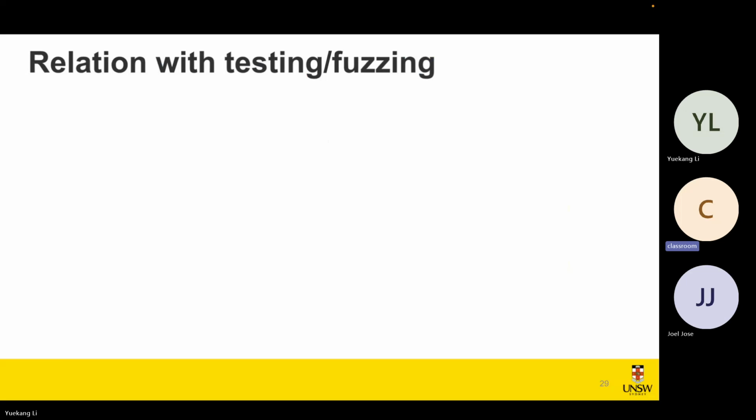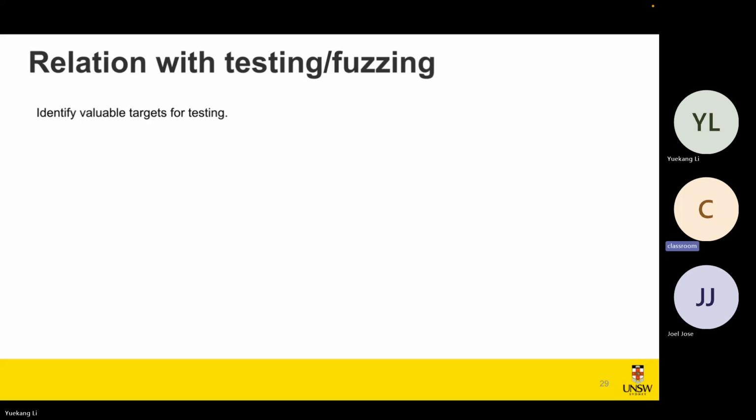So the relation with testing and fuzzing here is that we can still use some complexity metrics to identify valuable targets, because one of the methods we have learned just now, like the Halstead metrics, is related to the program volume. It's a better version of counting the lines of code, right?